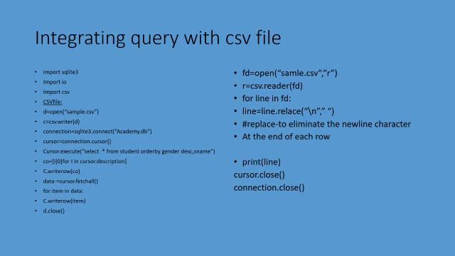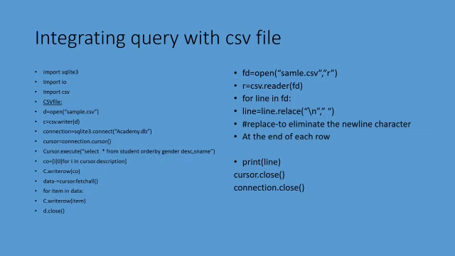For line in fd, I am going to print one by one. So line equal to line.replace of backslash n. What is the meaning? First let me explain. The replace function is used to eliminate the newline character.